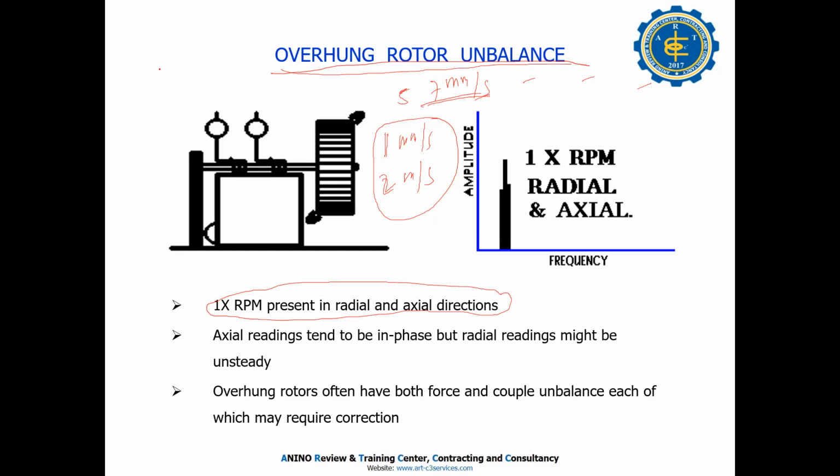That's the solution. And then you can see this 7 mm. There's another thing. 1X, 7 mm or 6 mm, but there is no harmonics there. Then it's good. No harmonics, yeah. But if there is 3 mm per second, low, but there are harmonics, that's the problem.